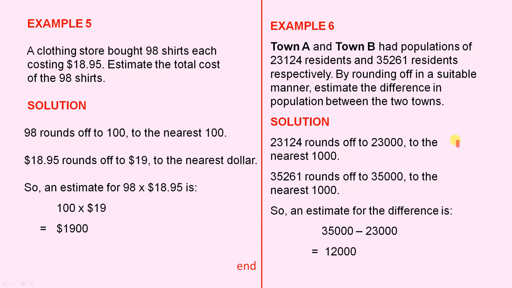Solution. 23,124 rounds off to 23,000 to the nearest 1,000. 35,261 rounds off to 35,000 to the nearest 1,000. So, an estimate for the difference is 35,000 minus 23,000, which is 12,000.